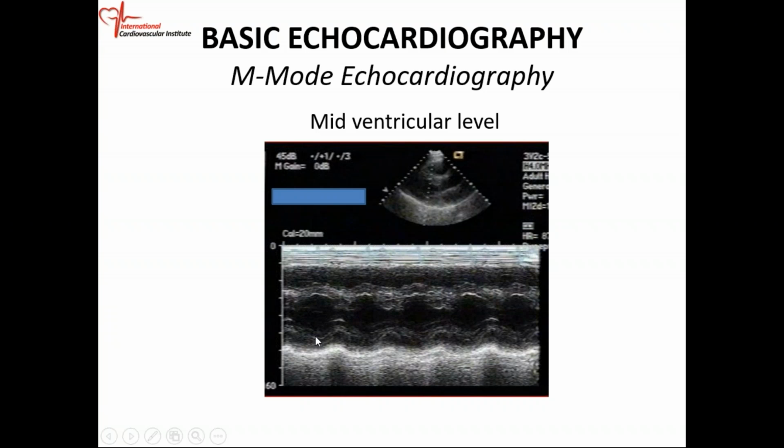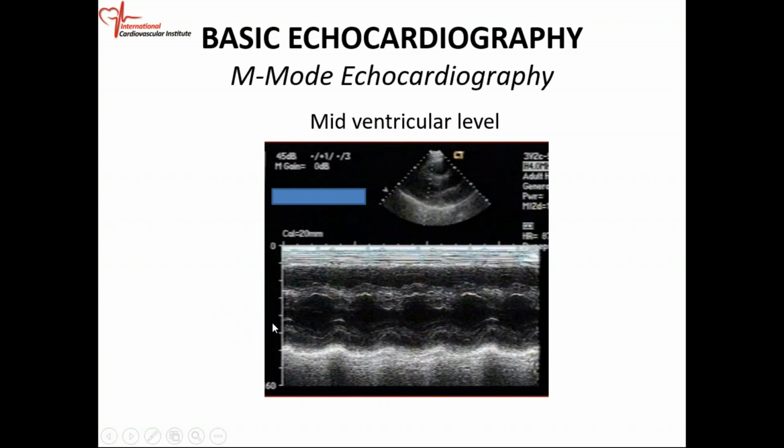That's what you expect when the heart contracts. So again, this is the septum. This is the LV cavity because that's what the cursor is looking at. Then from the LV cavity, you have the posterior wall, down here.